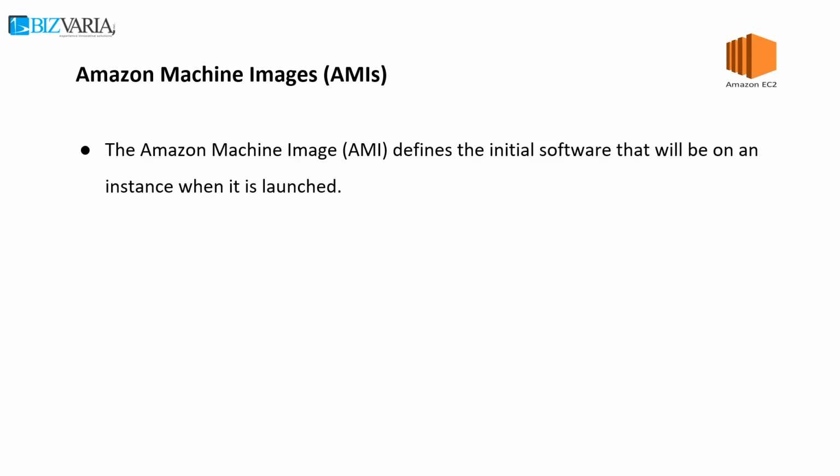Okay, so this is Amazon Machine Images. What does this mean? Can anybody explain to me what images mean? Is it maybe a replication of your own data?